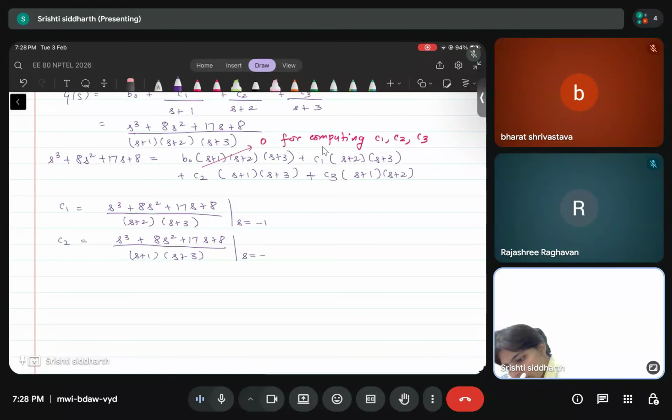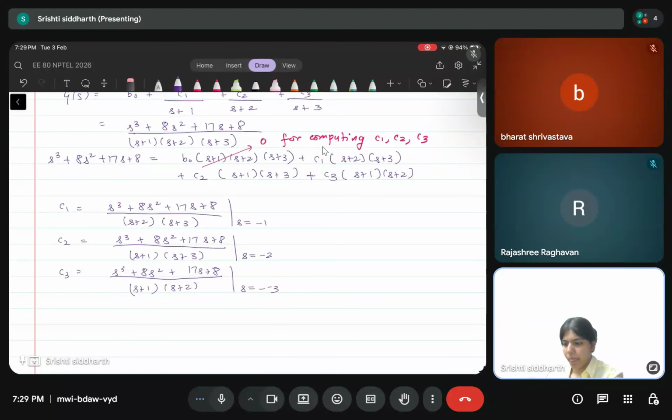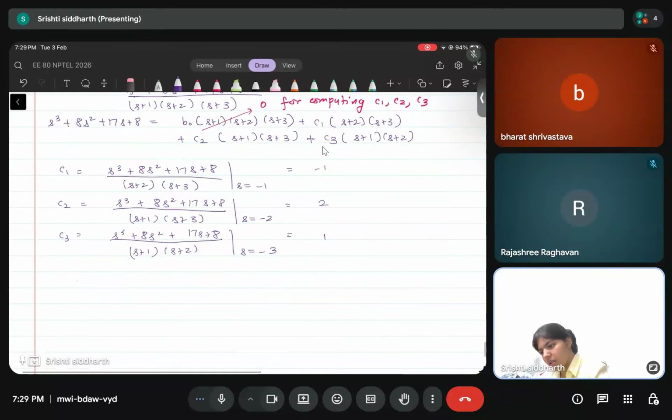Evaluated at -2. So you can verify the calculations later. So C becomes -1, 1.